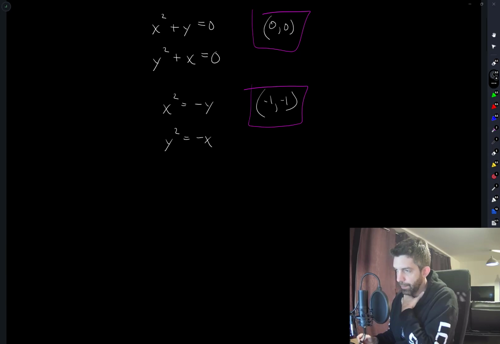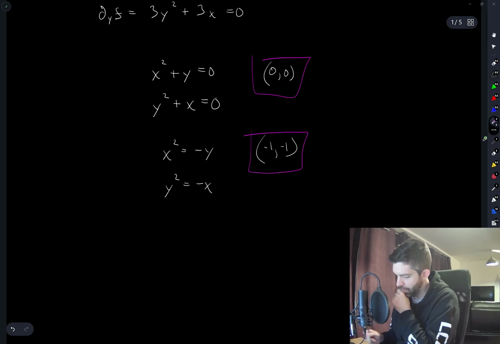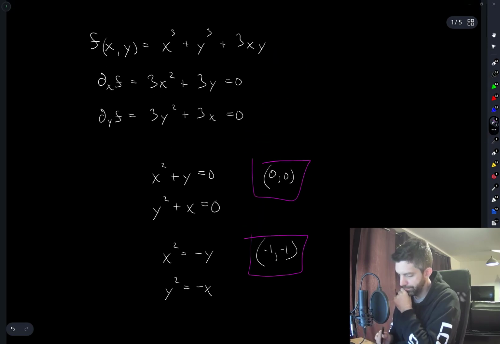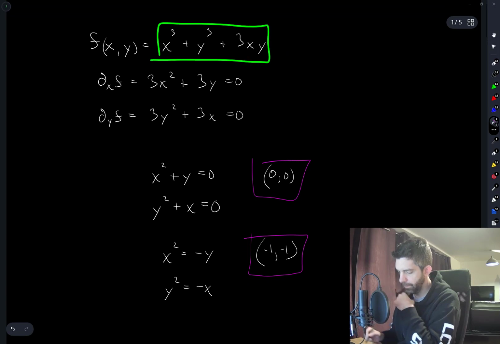Now we need to figure out if these are saddle points, minima, maxima, and all that. Without computing more derivatives, I wonder if there's a quick way of seeing this. So if I think about the origin, around 0, I look at this function.